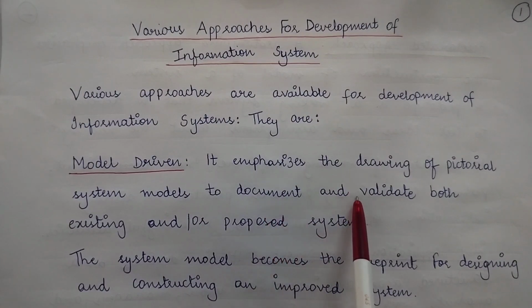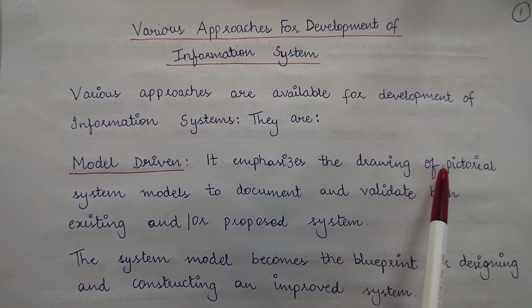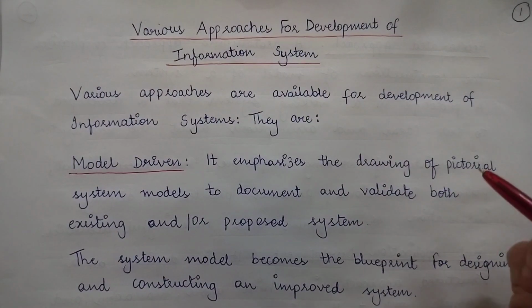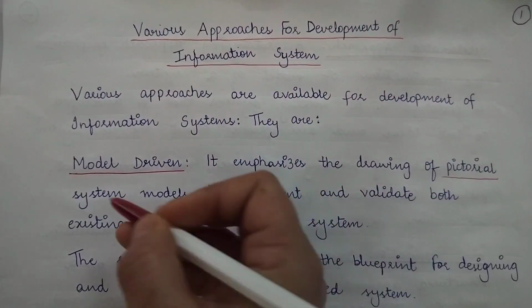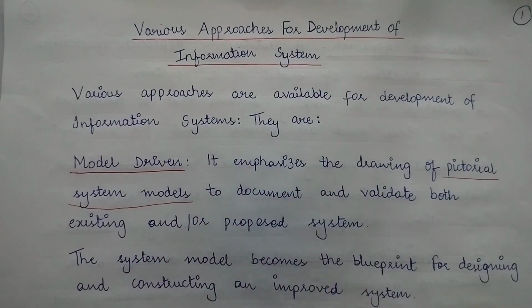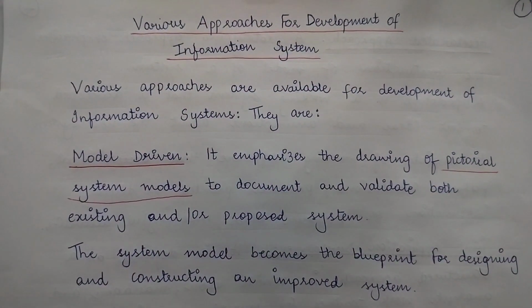How do you document and validate that system? With the help of pictorial representation, which is also known as your pictorial system model. So the model-driven approach uses pictorial representations to document and validate either an existing or a proposed information system.